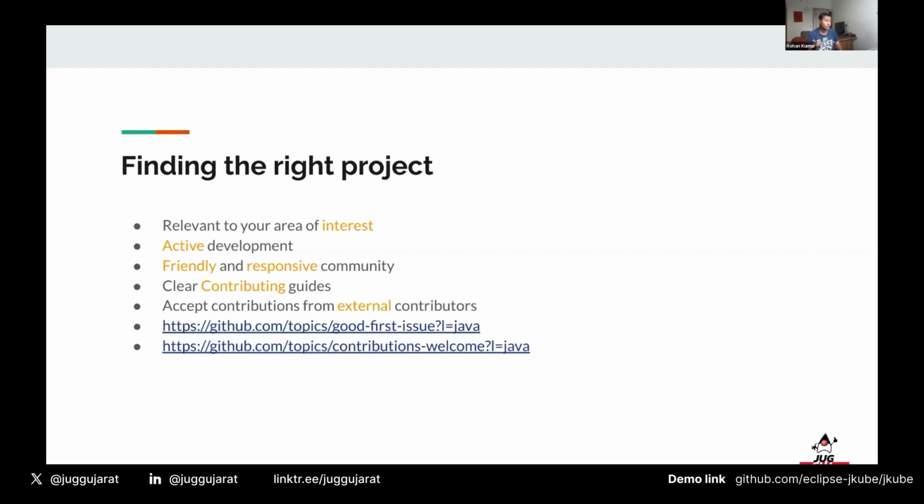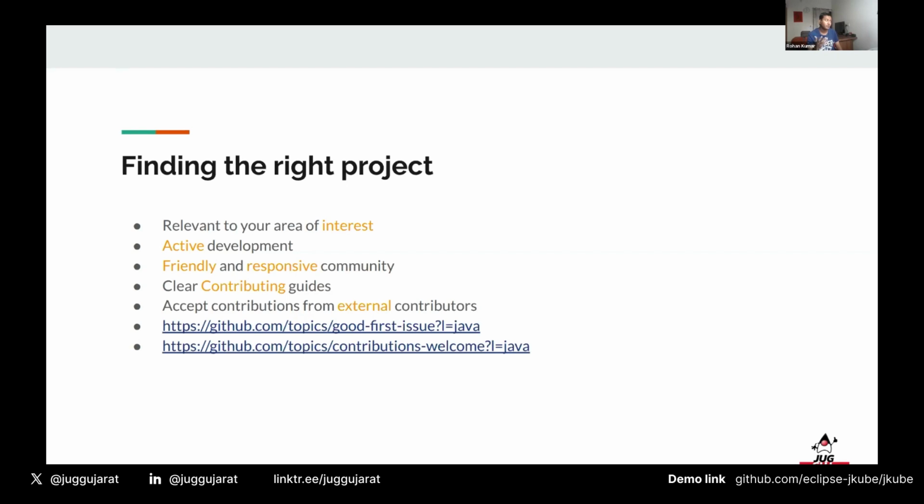And you can try interacting via the chat they are using, whether it's Slack, Gitter, or some Discord channel. You should try interacting with the community, and see how they are treating the newcomers. Are they friendly and responsive to newcomers, or are they not replying?